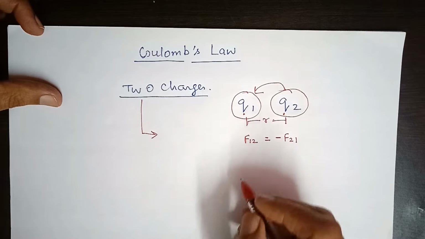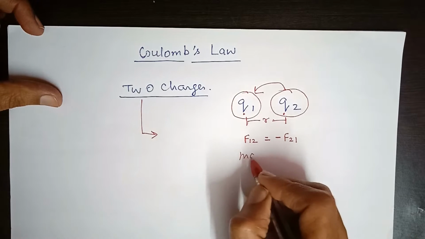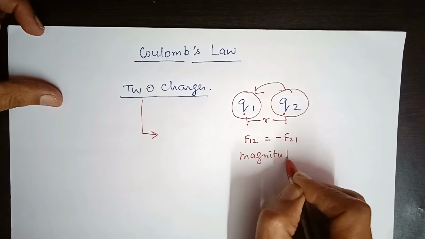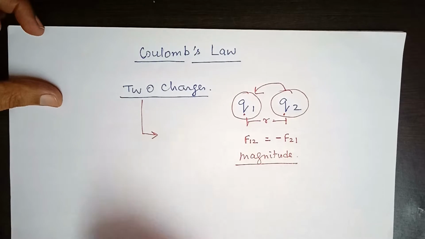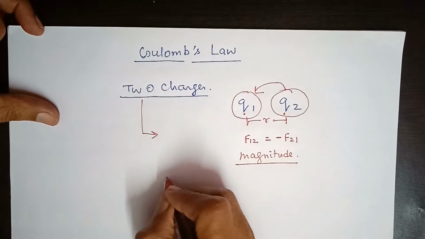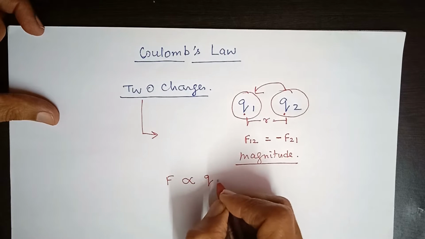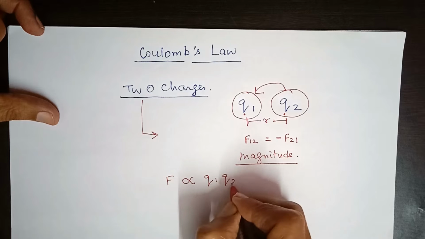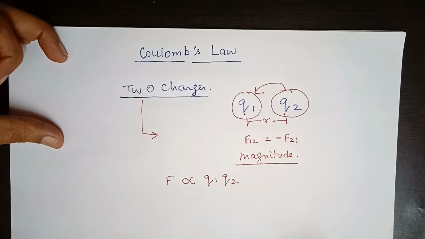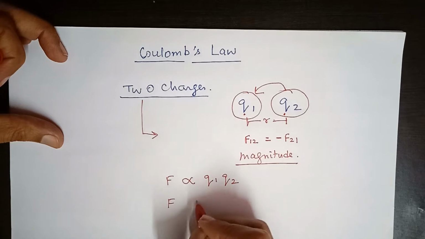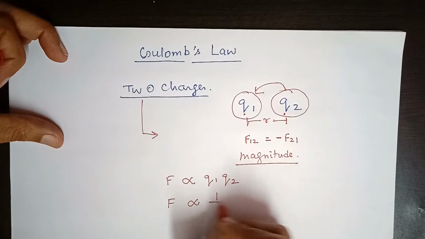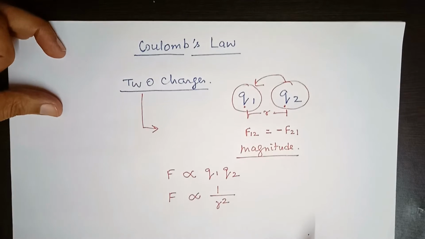And what is the magnitude? The magnitude of this force is directly proportional to the product of the charges, and it is inversely proportional to the square of the distance between the two charges.